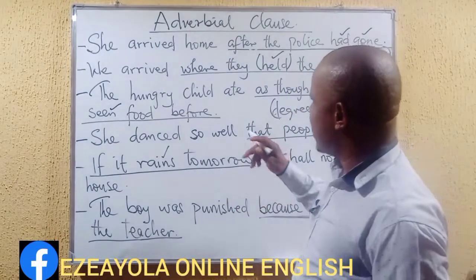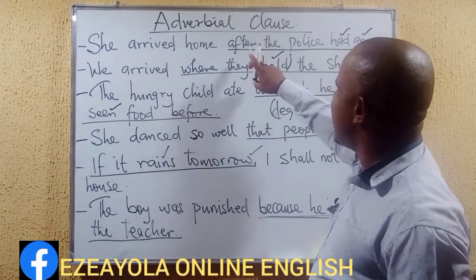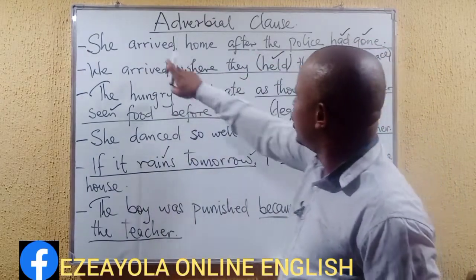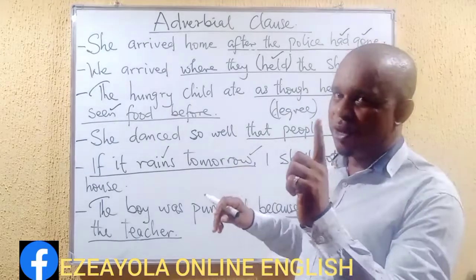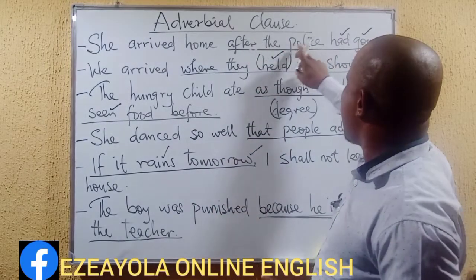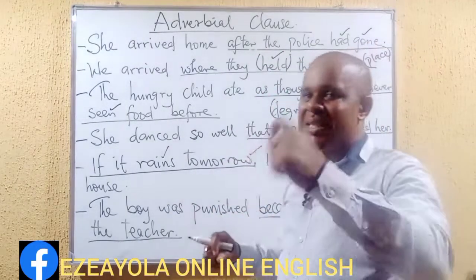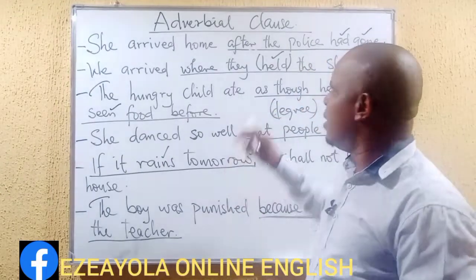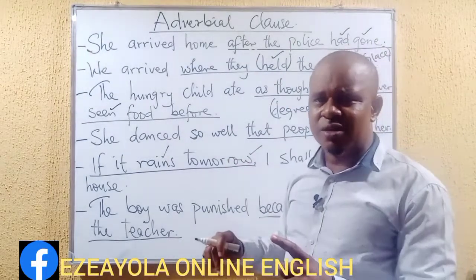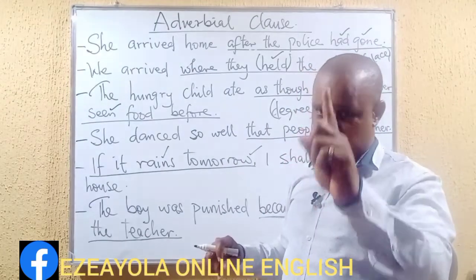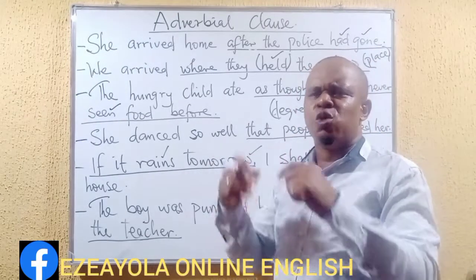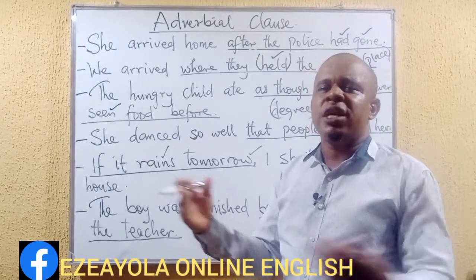We take note of that. Like in the first one, we have an adverbial clause of time, telling us the time she arrived home, after the police had gone. The next thing is to be able to talk about its function.